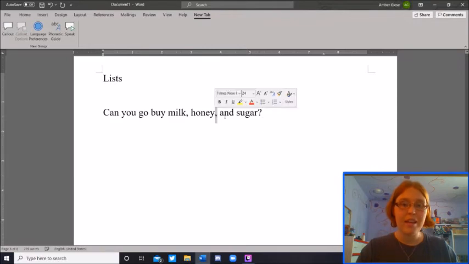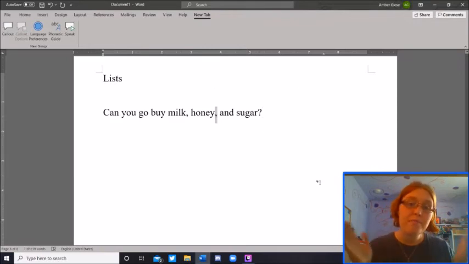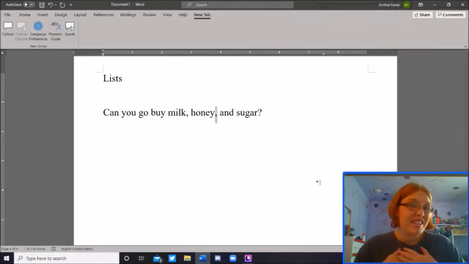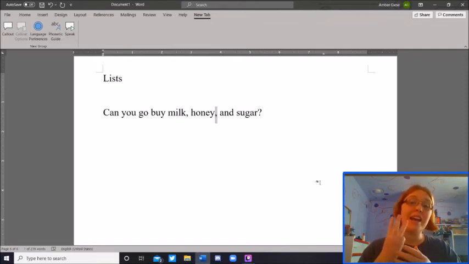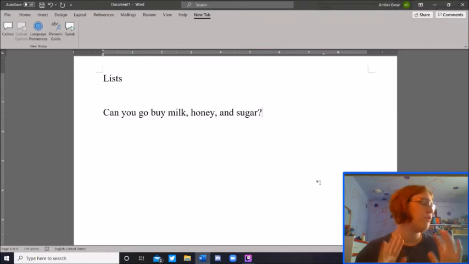This is called the Oxford comma. It's totally optional. I like having it for consistency's sake. Everyone else calls me crazy. It's whatever you want. It's your choice. But if you have 3 items or more, you're going to want those commas. 2 items don't need a comma whatsoever. It's just this and that.